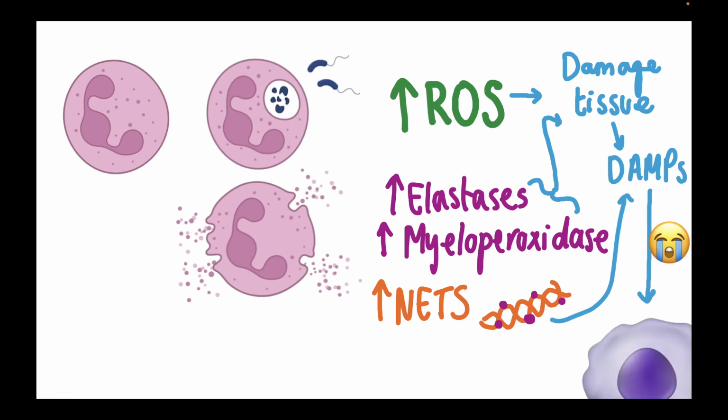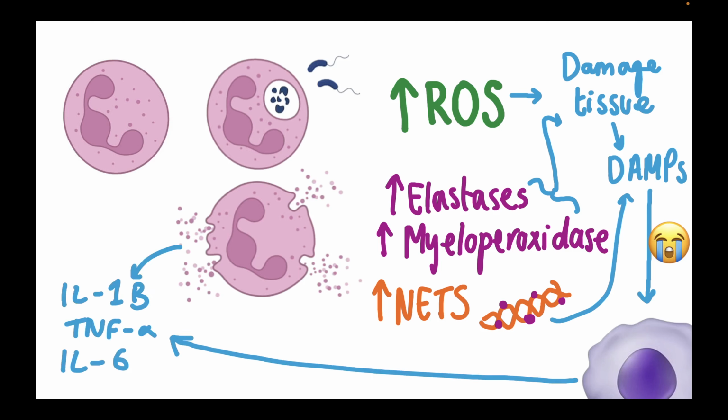They're going to go and complain to the macrophage, and any cell that's going to listen to them, like any cell that has PRRs, is going to recognize them and do something about it. What will they do? They're going to release even more IL-1 beta, even more TNF alpha, even more IL-6. And neutrophils directly release these cytokines, okay?